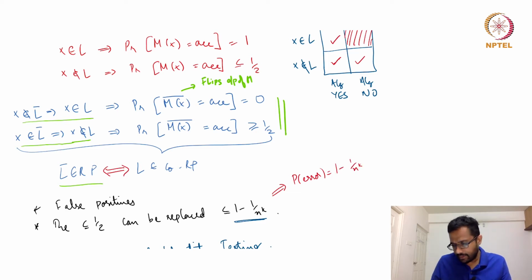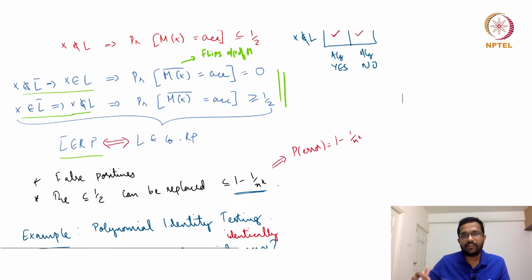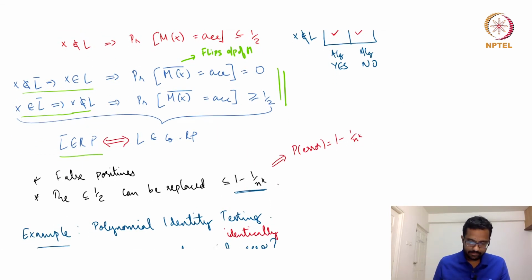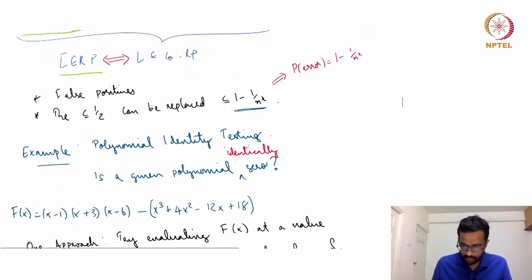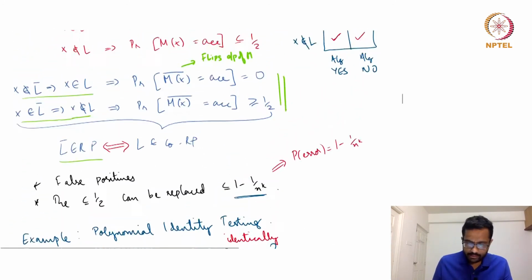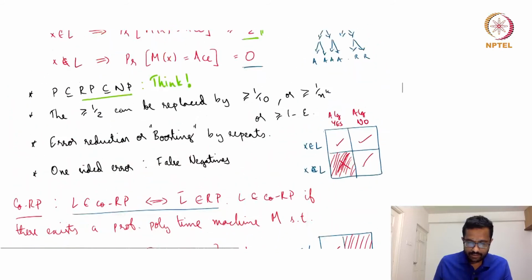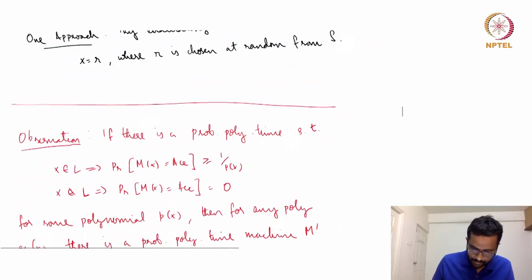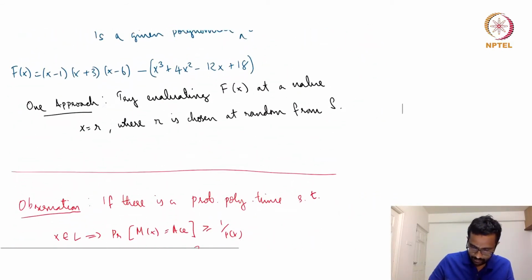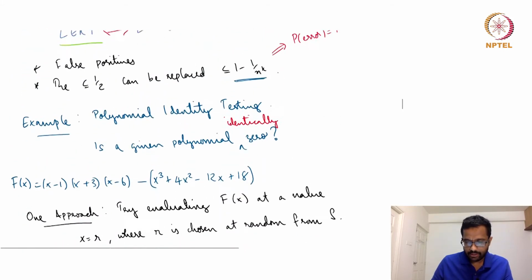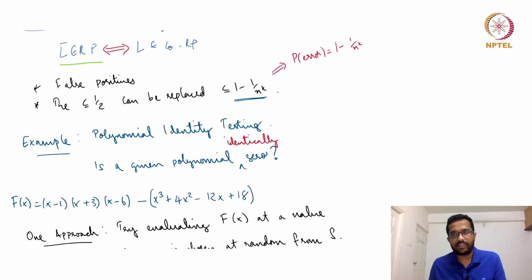But even this 1 minus inverse polynomial error can be brought down with polynomially many repeats. The way the repeats work is very similar, and I believe the notes have this formally written down, but we can go through it when I share the notes.